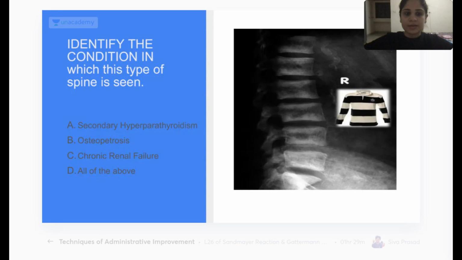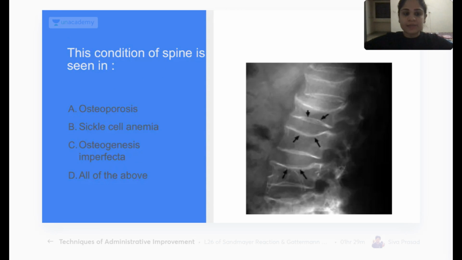Okay, all right. Identify this condition of the spine and in which situation is it seen? Osteoporosis, sickle cell anemia, osteogenesis imperfecta, or all of the above?